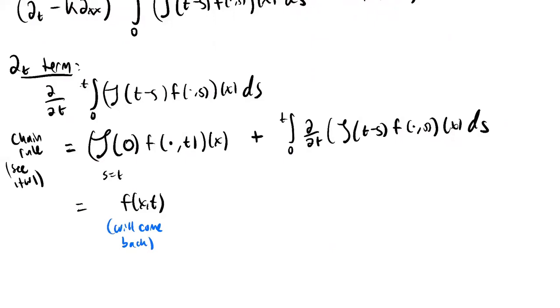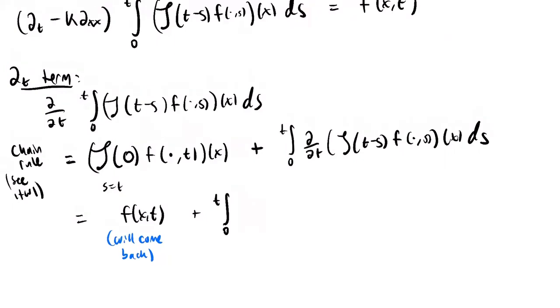And then the second term, well, we have the integral from 0 to t of the time derivative of the solution operator. Well, notice that for any function, the solution operator S of t applied to f solves the homogeneous diffusion equation.